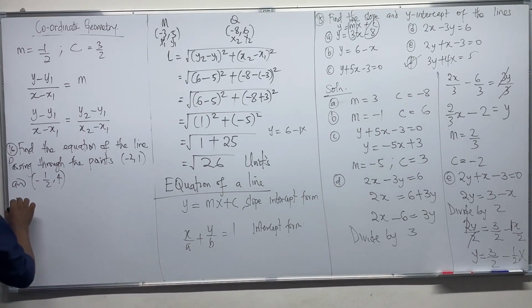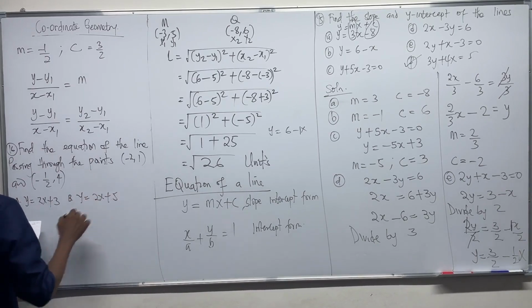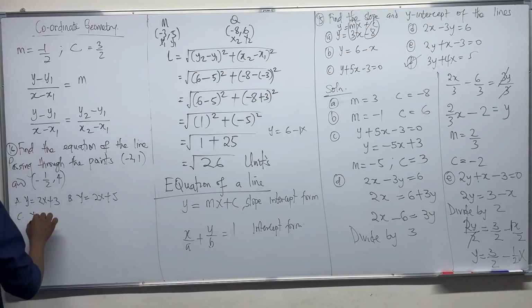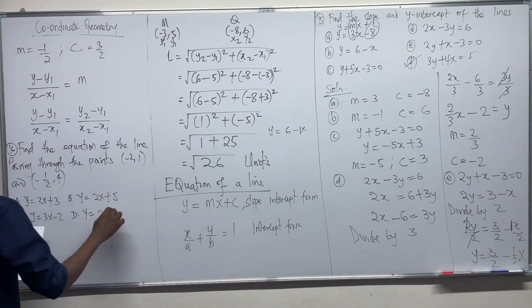We've got A, y equals 2x plus 3, B, y equals 2x plus 5, C, y equals 3x minus 2, D, y equals 2x plus 1.